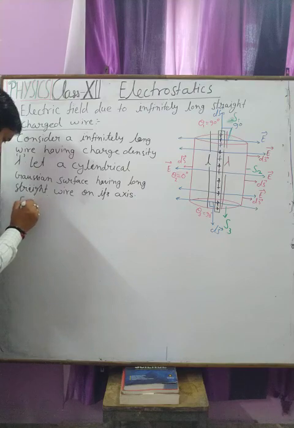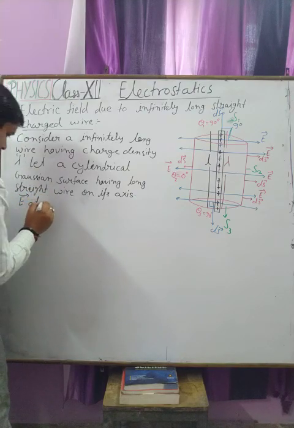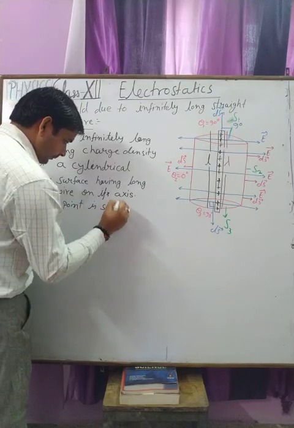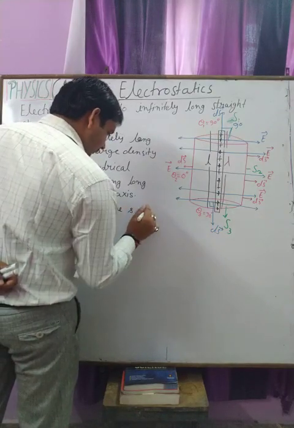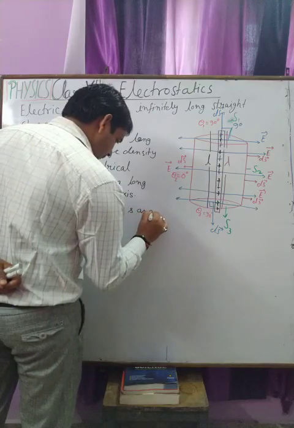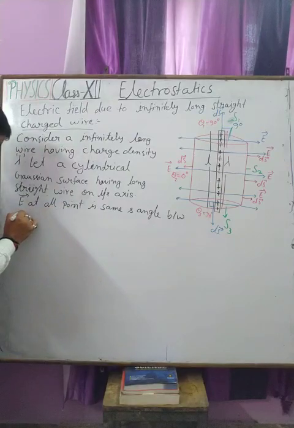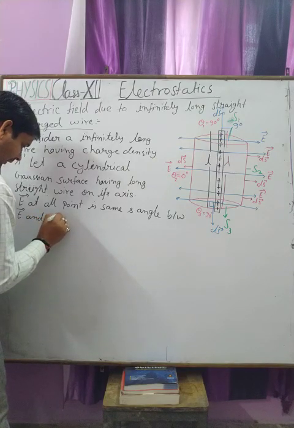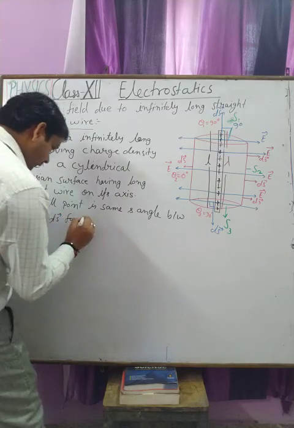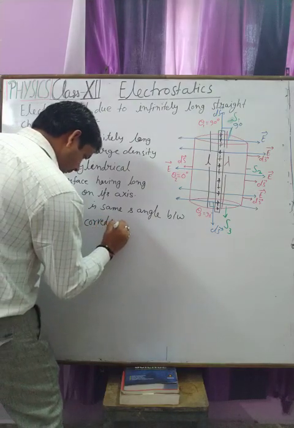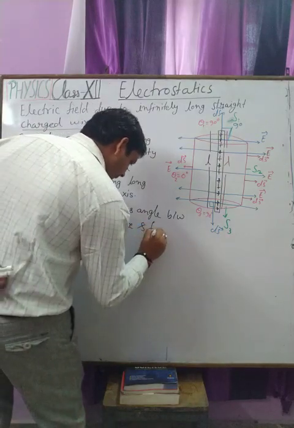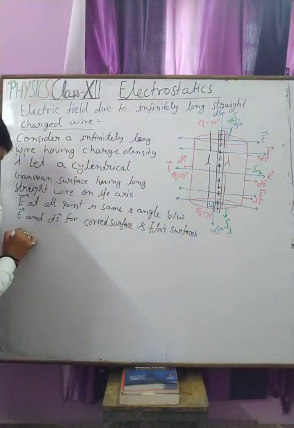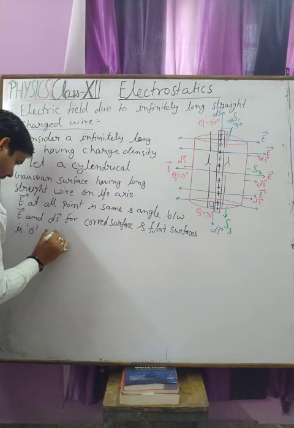Electric field at all points is the same, and the angle between electric field and area vector for the curved surface and flat surfaces is 0 degree and 90 degree.